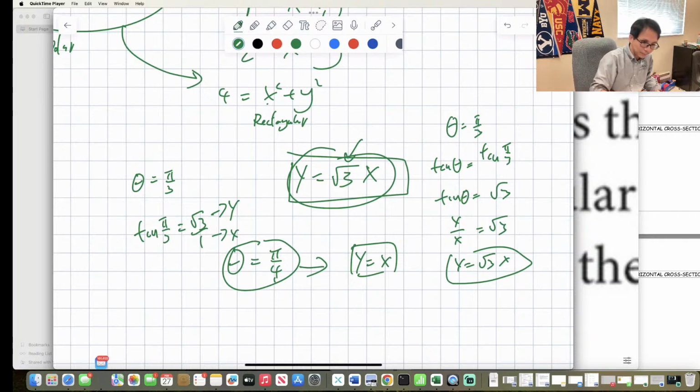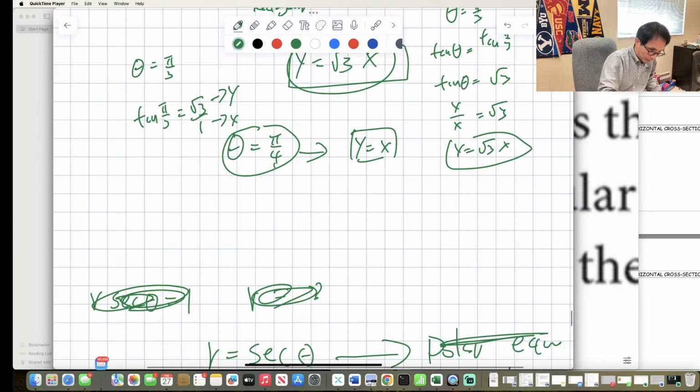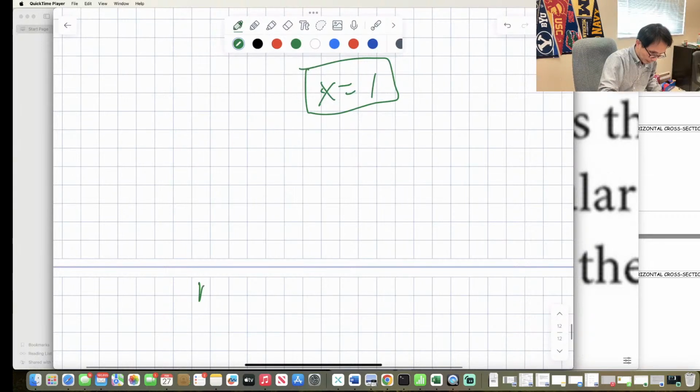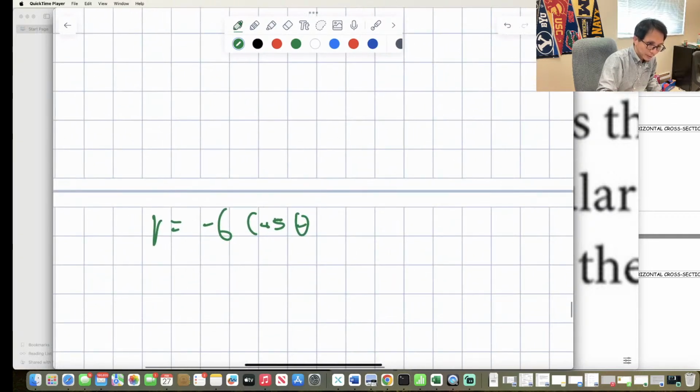All right, last one. R equal to -6 cosine of theta. I'm going to help you with this one.